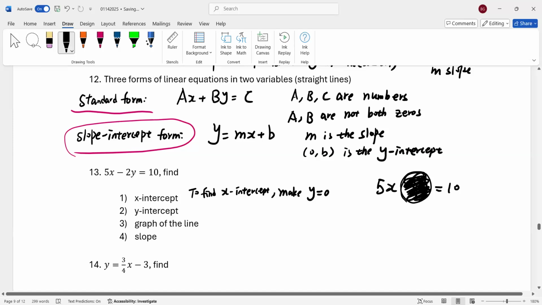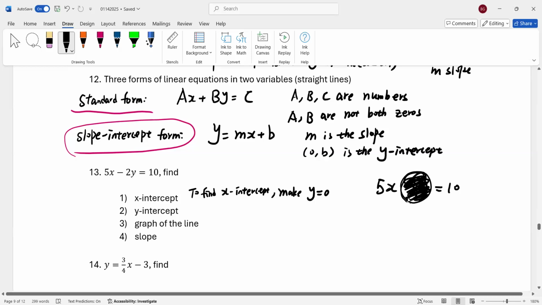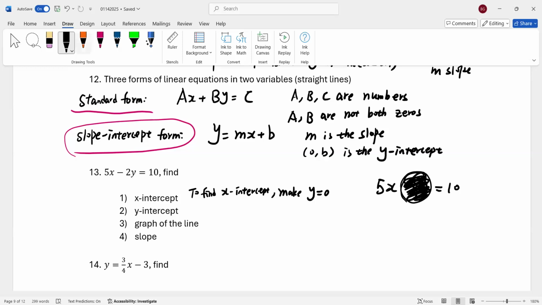I believe most of you are able to quickly solve the equation. If 5x equals 10, what is x? 2. Yeah, there you go. So we got it. X-intercept is 2, 0. Done. See how convenient it is?